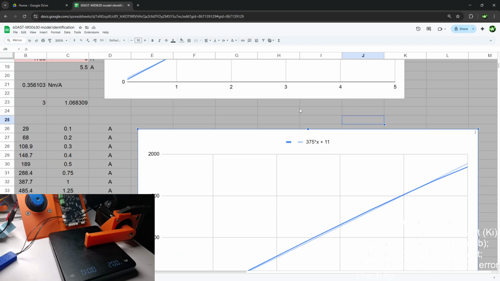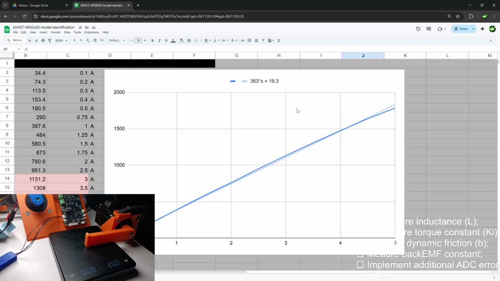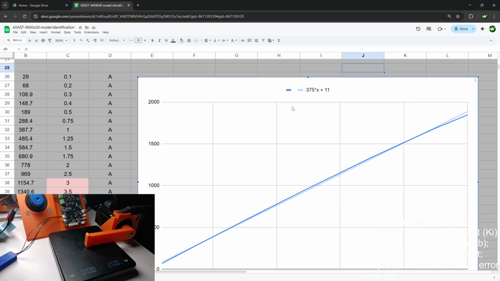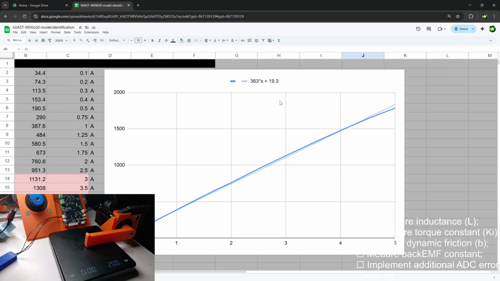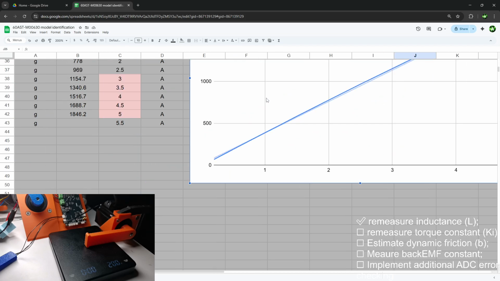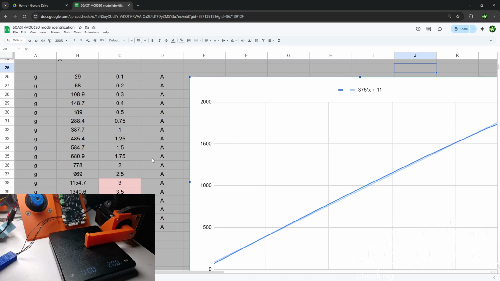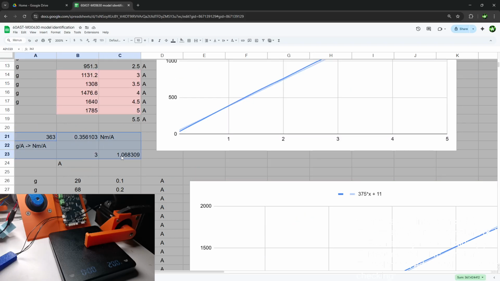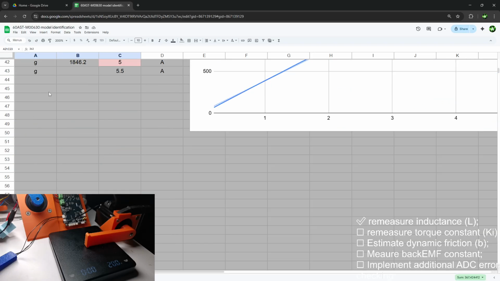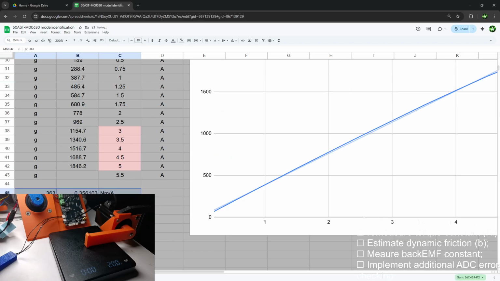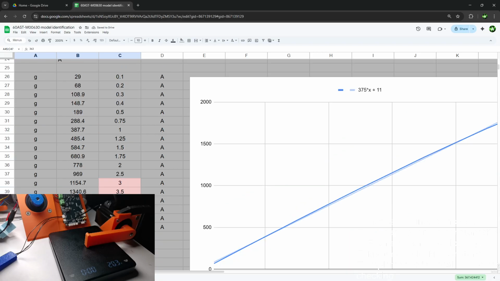Hooray! So the firmware improvement actually improved the force of the motor by roughly 3%, which is quite nice indeed. So let's do the calculations. Let's do our calculations, but this time we put here 375.